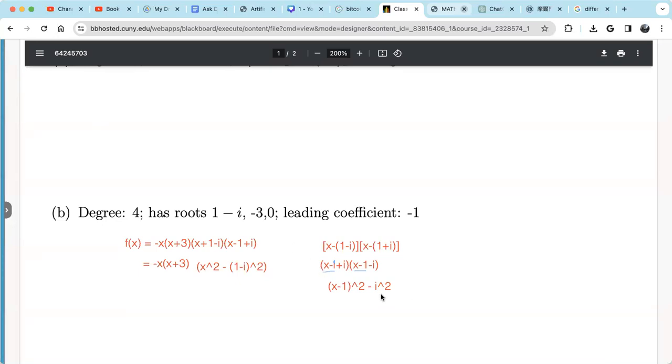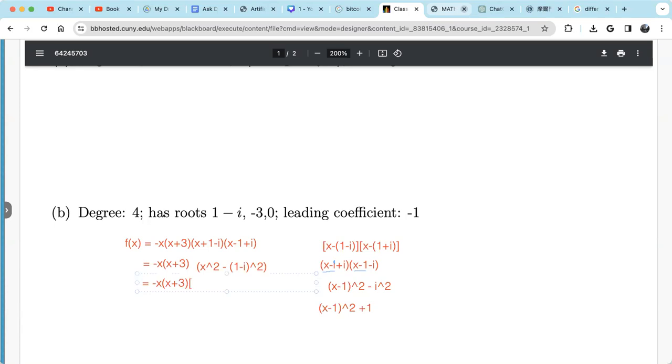So negative 1 becomes plus 1. So this becomes x minus 1 squared plus 1, right?